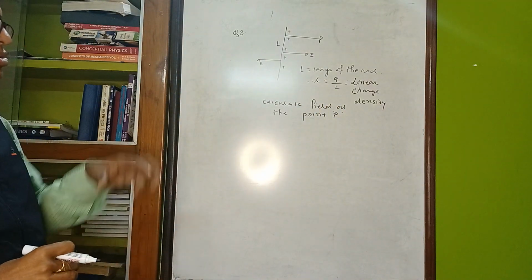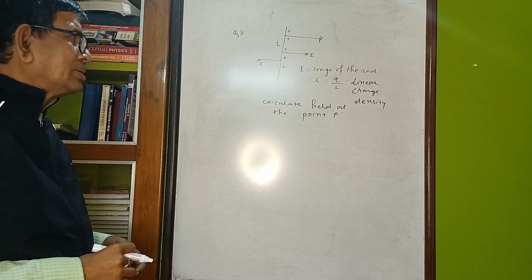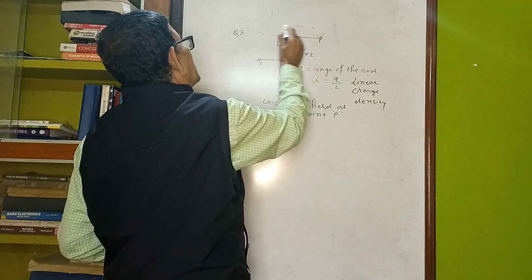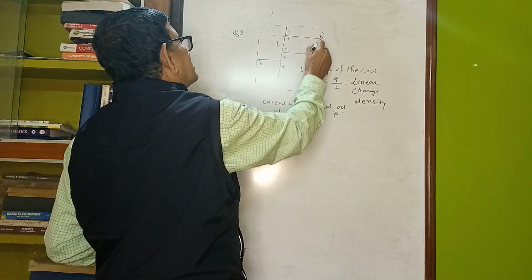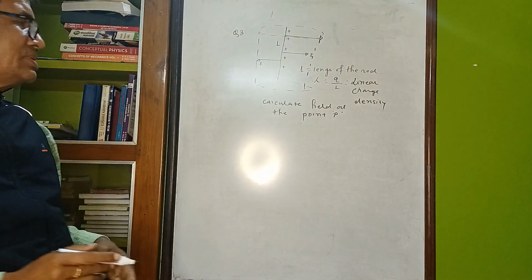Clear? So what will you do first? You draw a Gaussian surface through the point P. That means you consider a symmetrical cylindrical Gaussian surface, because this rod will be the height of the cylinder.